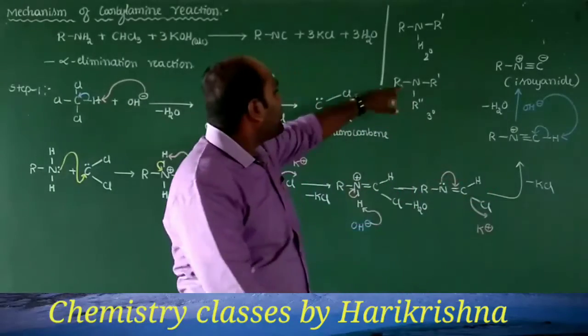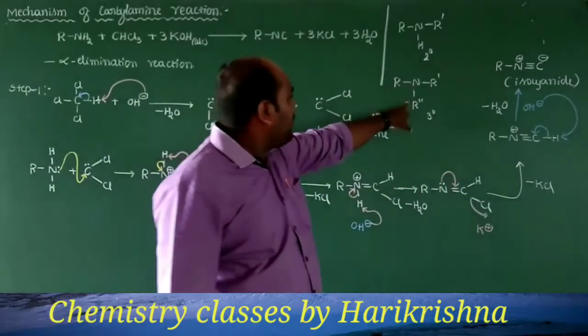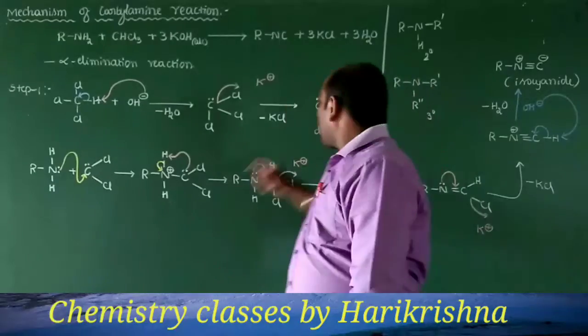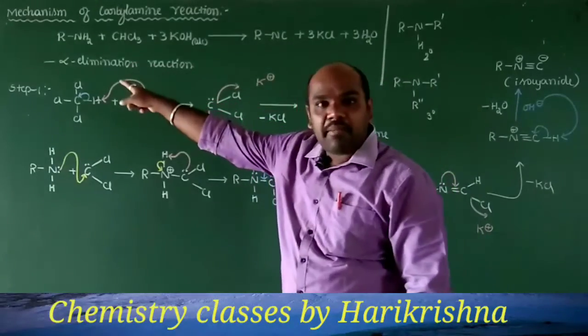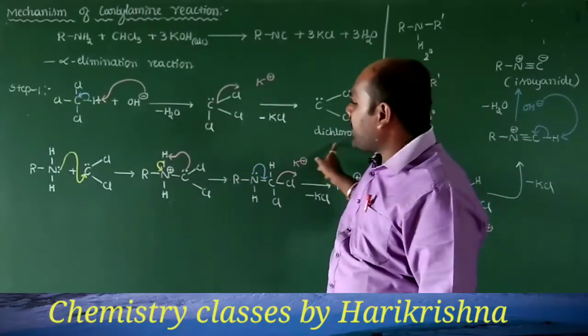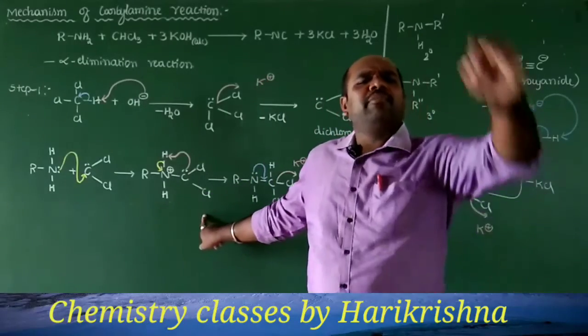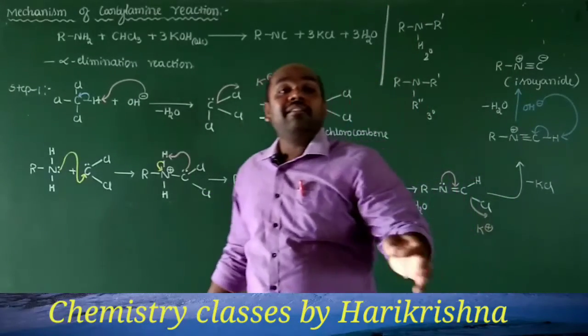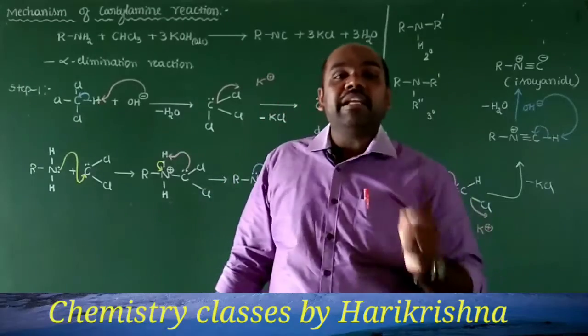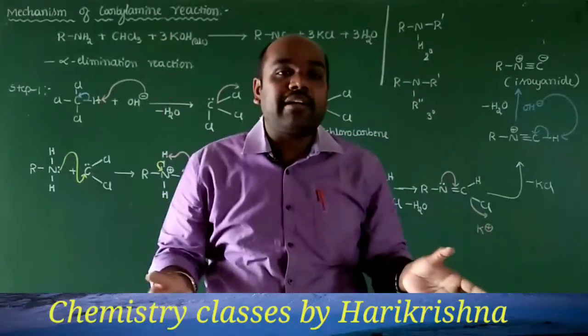And if you come to the tertiary amine, upon reaction with dichlorocarbene, the inner salt we are going to get will be highly unstable, and its stability is very low because of steric factors.